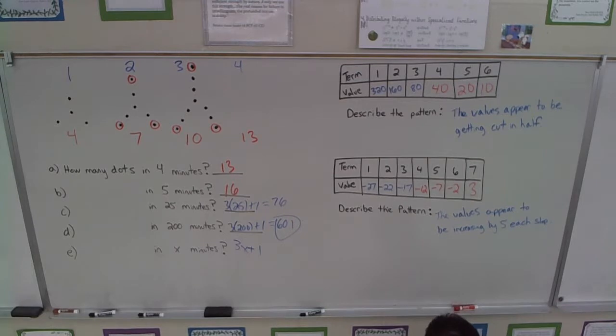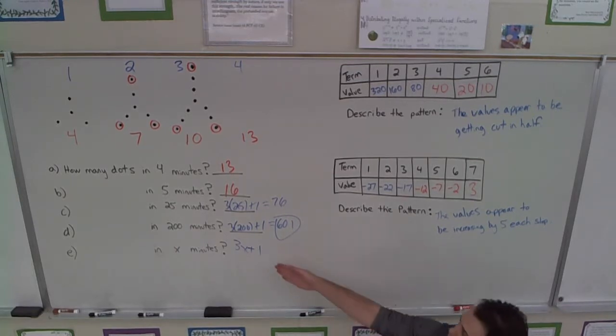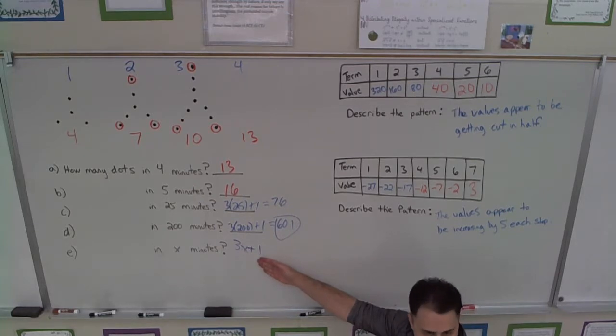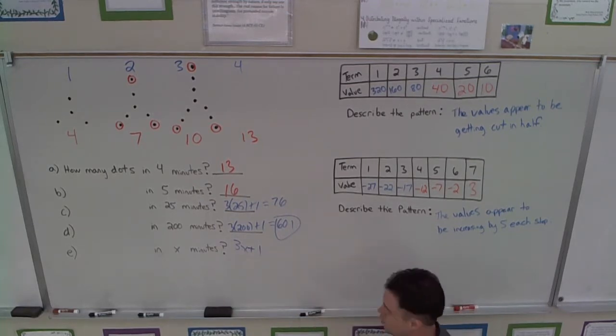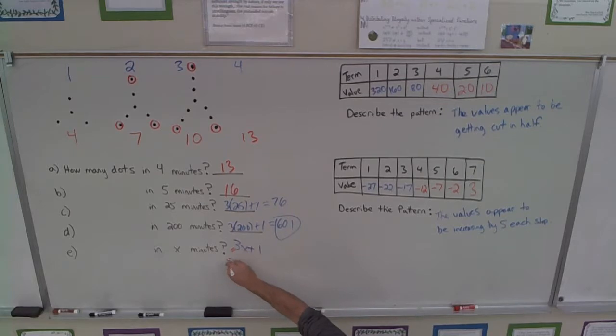I'm going to be talking about how to write equations in multiple forms as we progress through this unit. This guy over here was an explicit equation, an explicit relationship. In other words, it was like y equals 3x plus 1. So this one, can you guys maybe help me? It's very similar to that one over there. This one is y equals what? You have an idea, Nate?